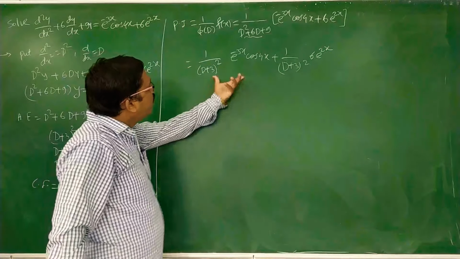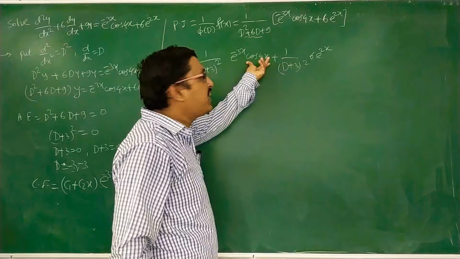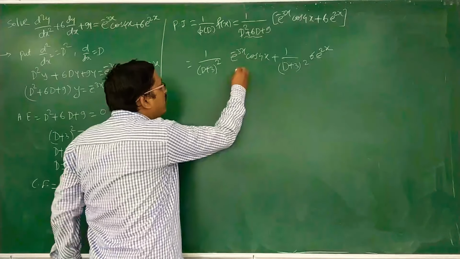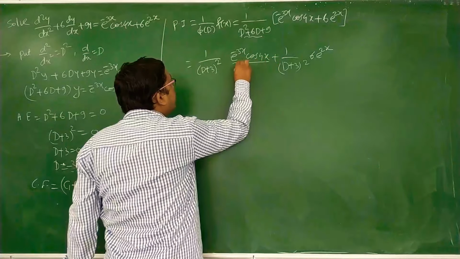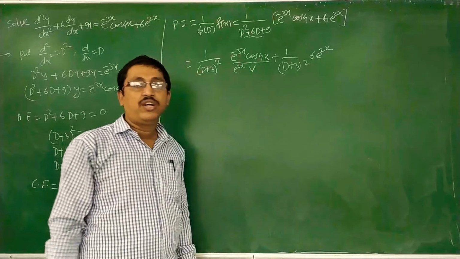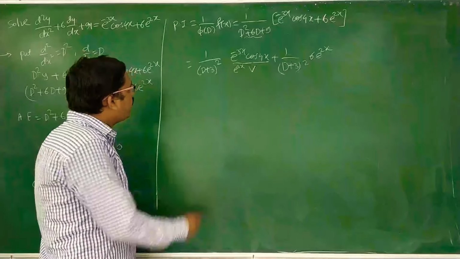Now see here, to solve this first part, there is a term e^(-3x) into cos 4x, a multiplication of two terms. Out of that, the first term is the exponential term. So here we can use the formula e^(ax) into v, where the value of v is cos 4x. What is that formula?